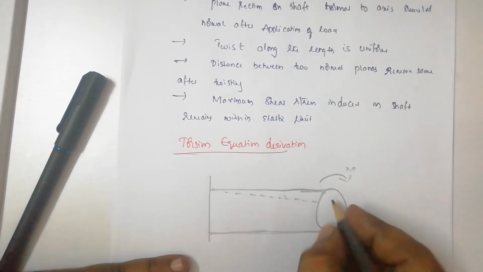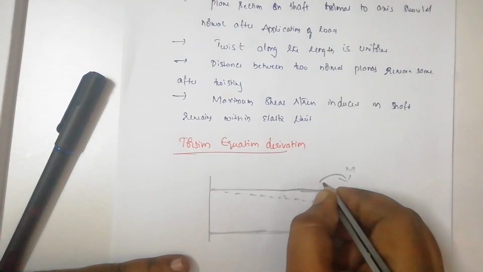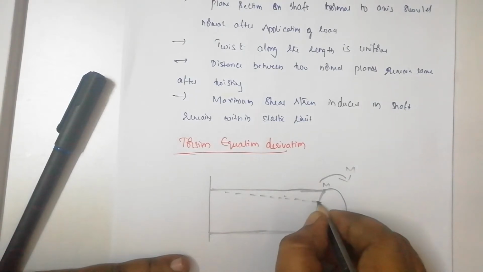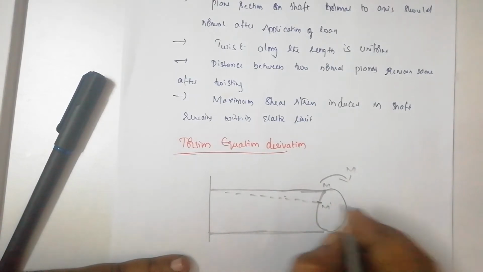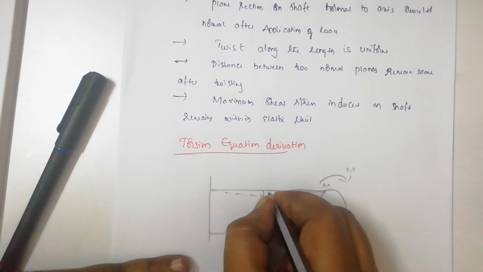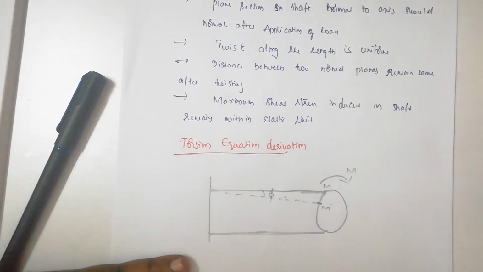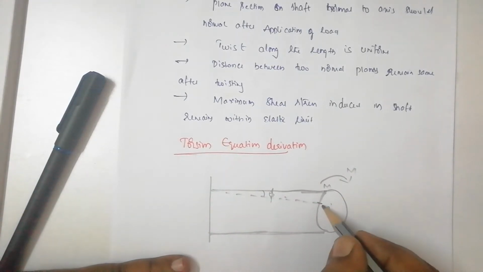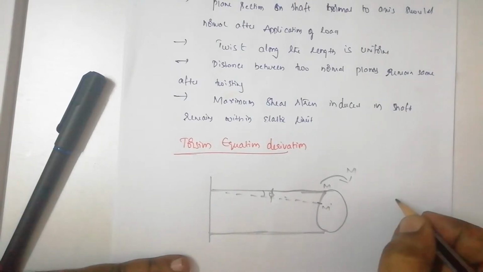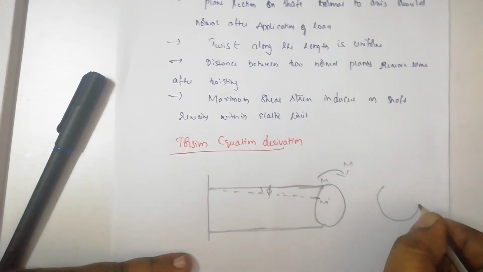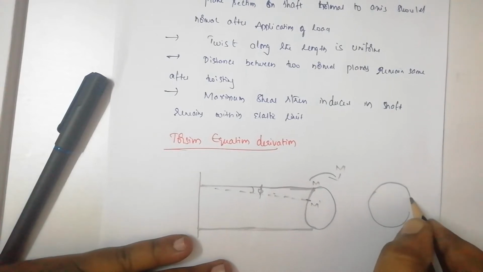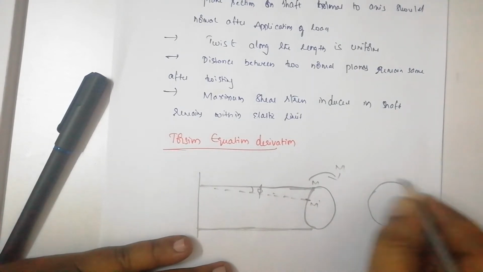When it gets twisted, let us take the position M. It has been distorted to the second position, M dash. Because of that we will get some strain. What is strain? It is nothing but change in length by original length. Similarly, I will draw this part here so that you can have a clear picture. This is the torsion. This is a circle.